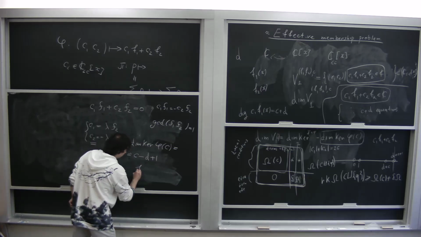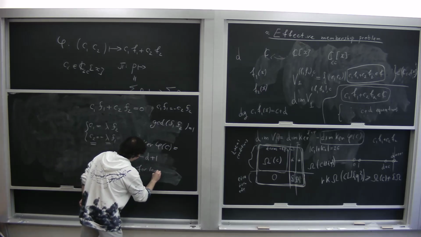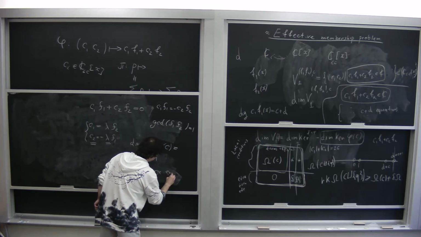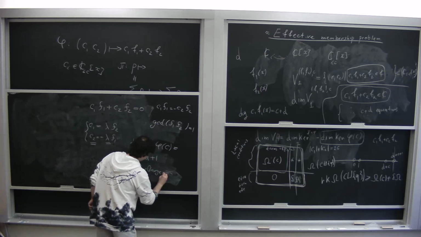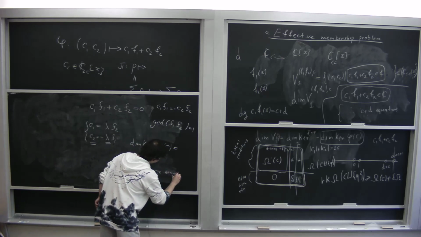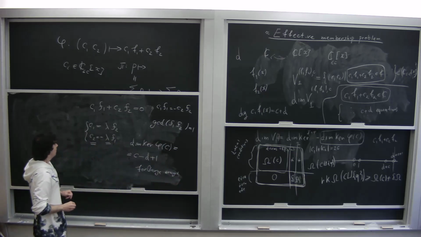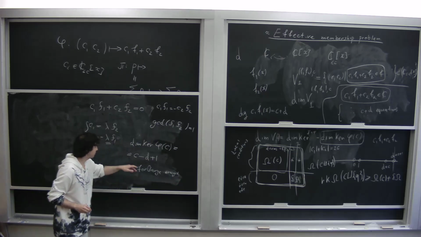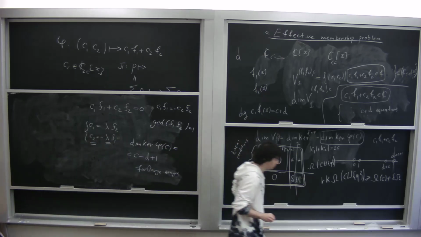So for C large enough, we can give this formula. It's C minus D plus 1 or C minus D, I'm not sure. C plus 1, I think it's C minus D plus 1.